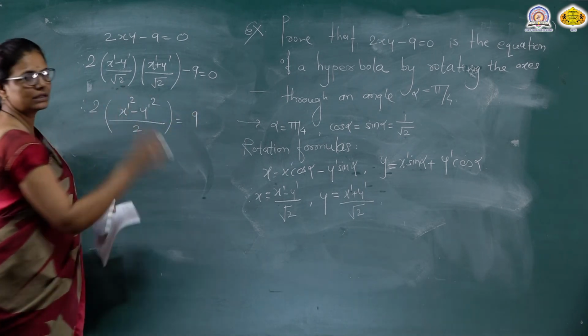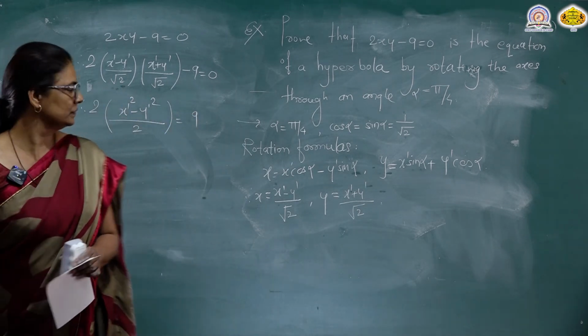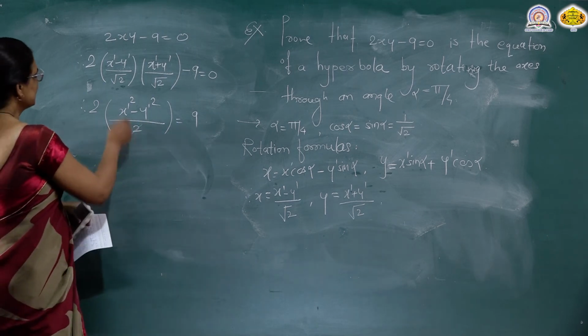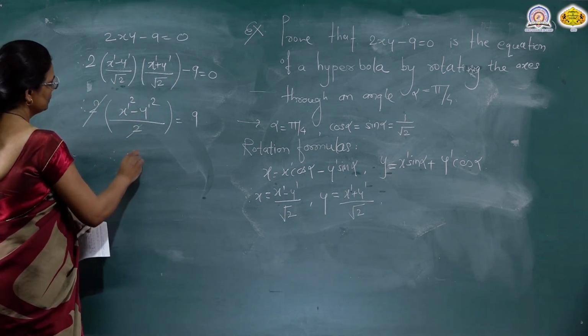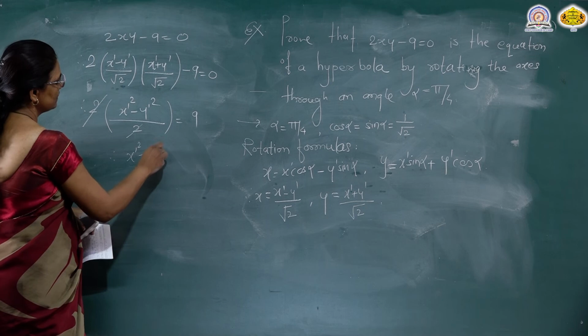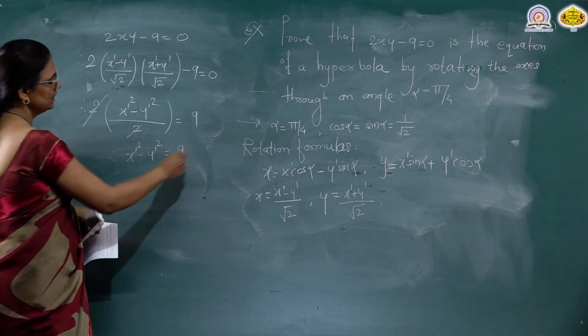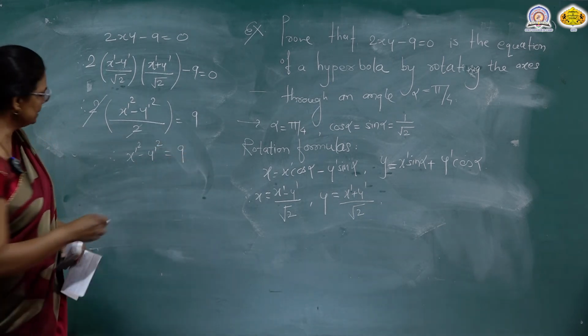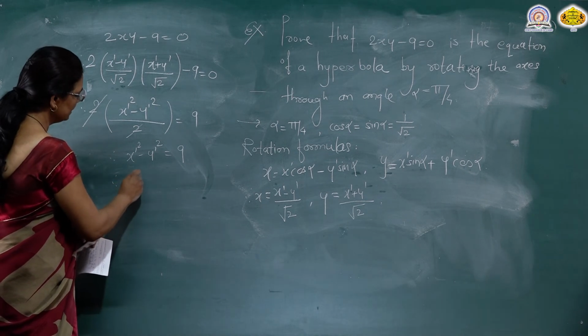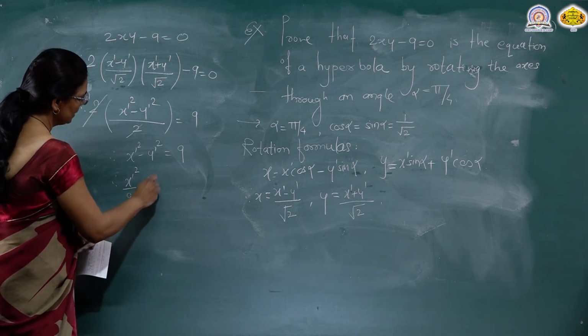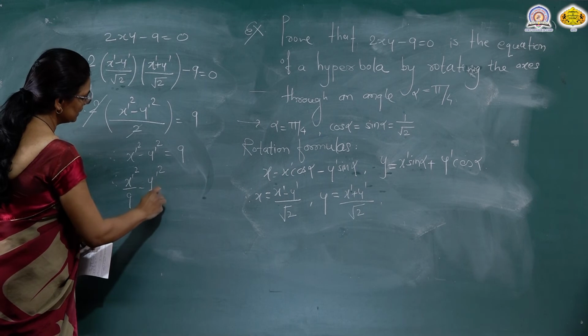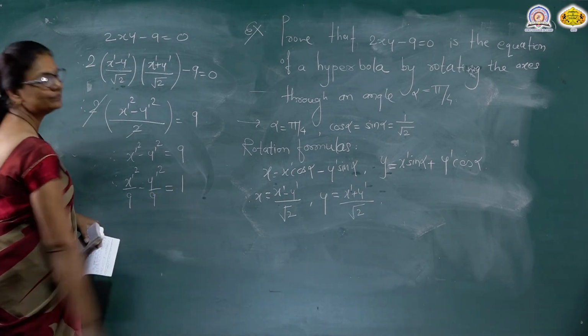Shift this term to the other side, that is 9. Then this 2 gets cancelled here. So it becomes x dash square minus y dash square is equal to 9. Now divide throughout by 9. So we get here x dash square upon 9 minus y dash square upon 9 is equal to 1.